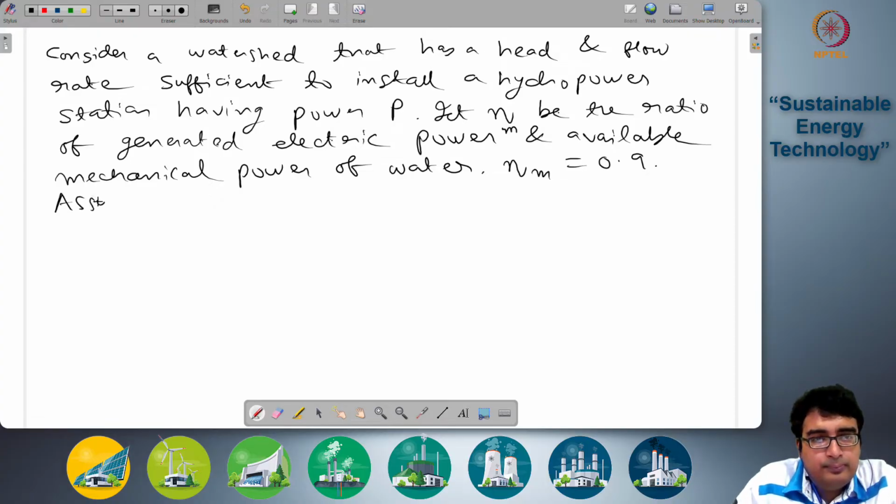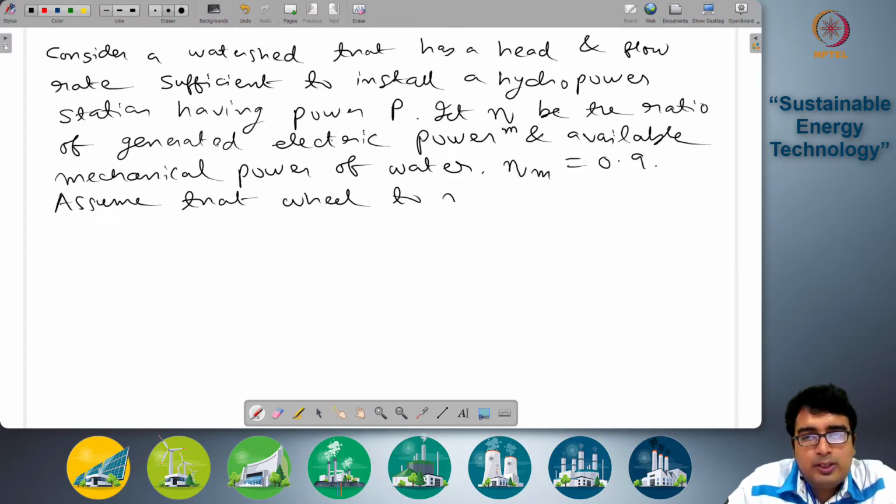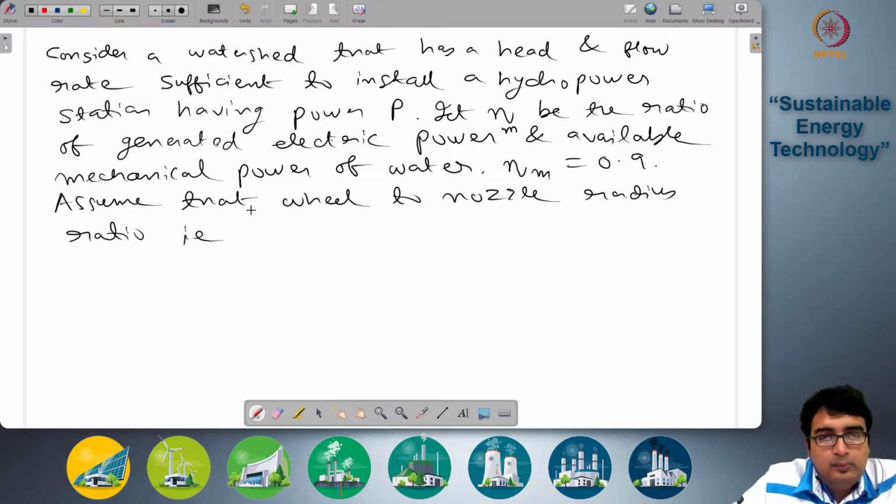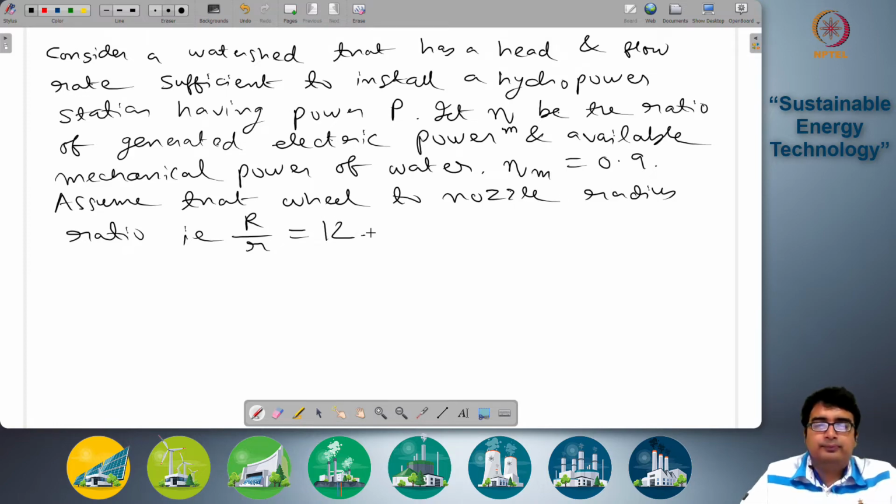Also assume that the wheel to nozzle radius ratio, that is capital R by small r, is equal to 12.